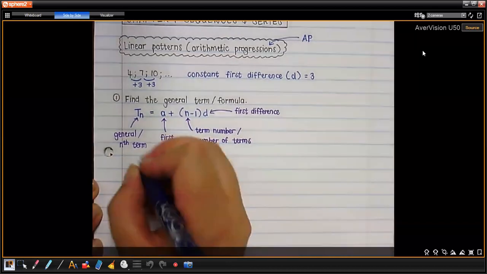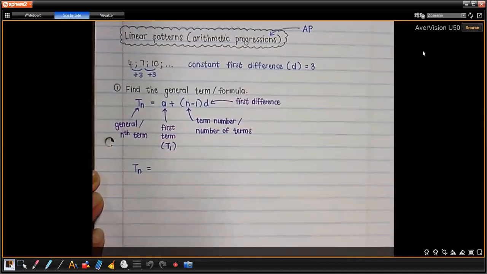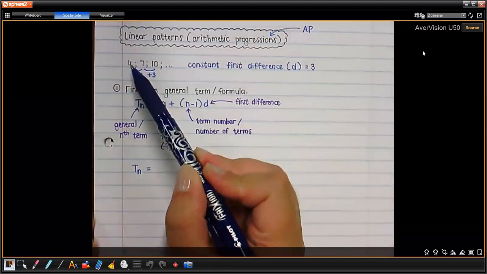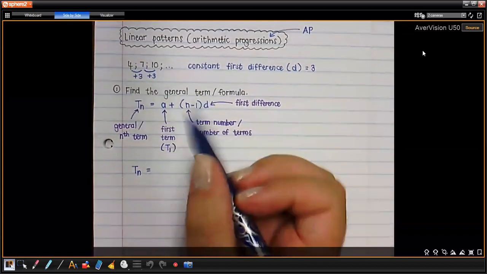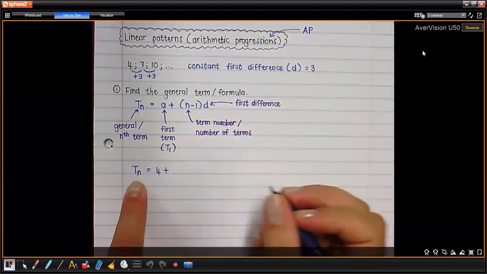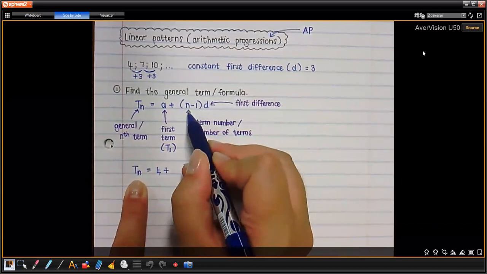Let's now actually find the formula for this number pattern. I'm just going to rewrite it here. Tn is equal to, now what is a? What is the first term of this number pattern? Can we all agree that it is 4? So our a value is 4 plus, now if we're finding the general term, the nth term, we don't have a value for n. Does that make sense?